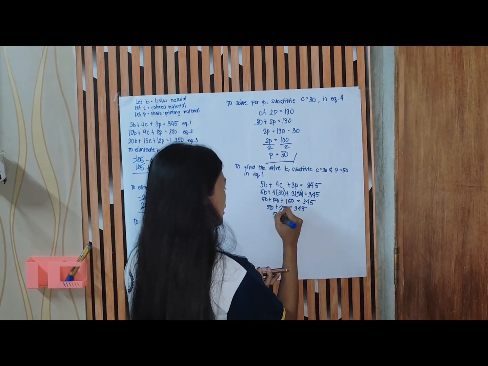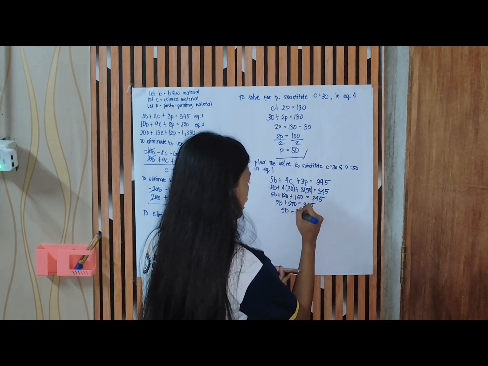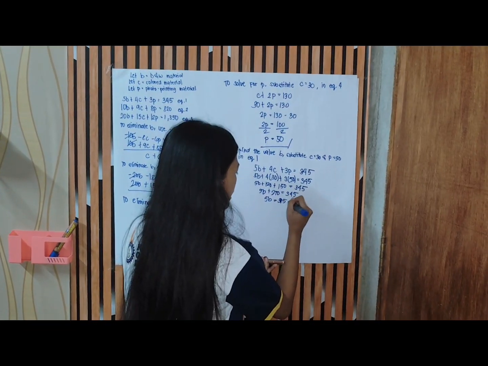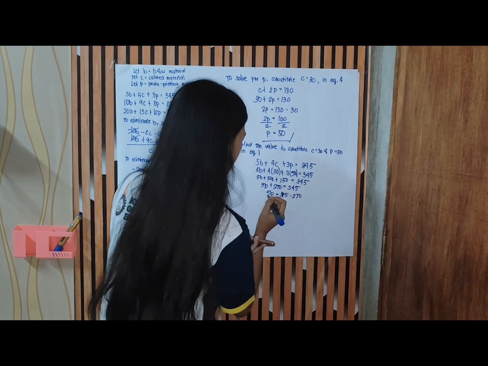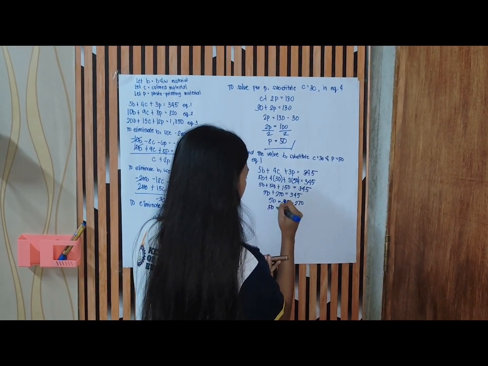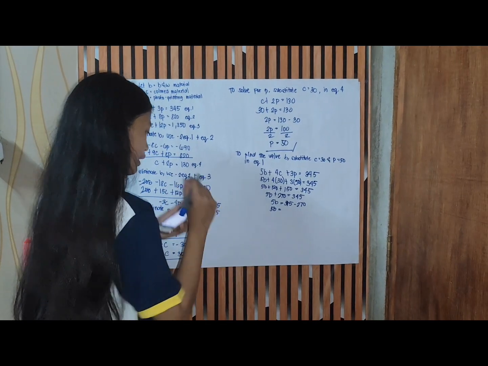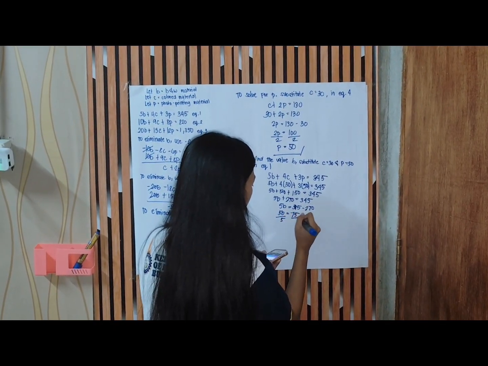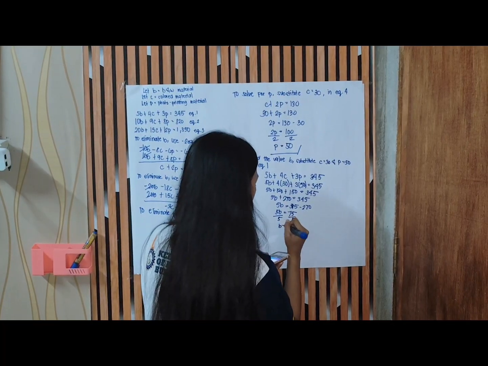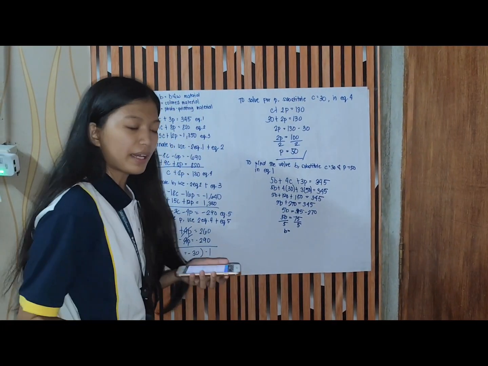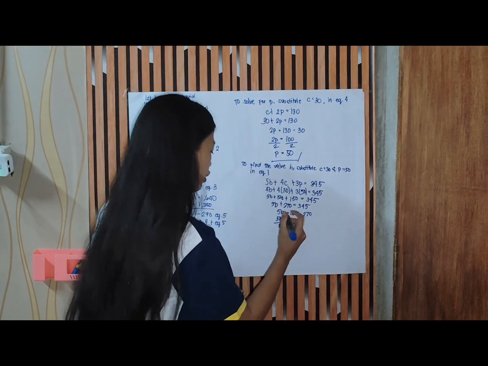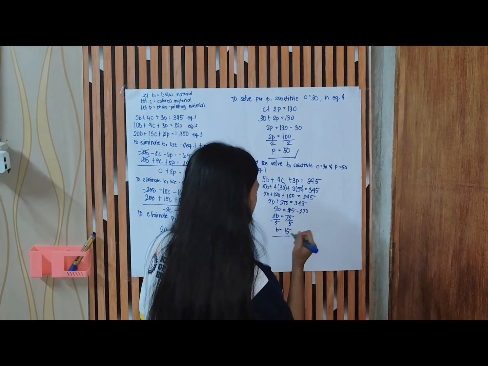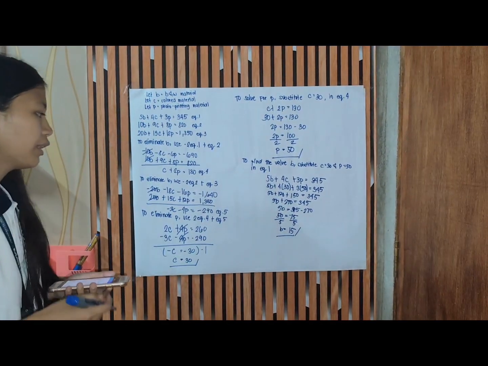So 5b is equal to 345 minus 270. So 5b is equal to 75. Then divide both sides to find the value of b. So b is equal to 75 divided by 5 is equal to 15. So this is the value of b.